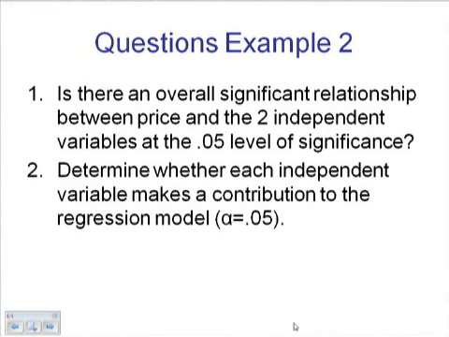Is there an overall significant relationship between price and the two variables together, X1 rating and X2 location, at the 0.05 level of significance? And if there is overall significance, we will then need to go to question 2 to determine whether each independent variable makes a contribution to the model.